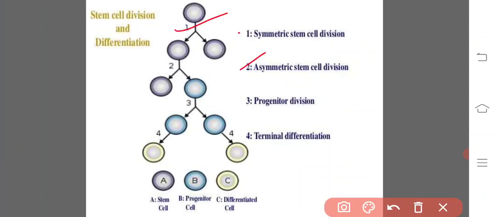Number 2, asymmetric cell division. Number 3, progenitor division. Number 4, terminal differentiation. And here, this is the stem cell, this is the progenitor cell, and this is the differentiated cell. All of them are shown in different colors.